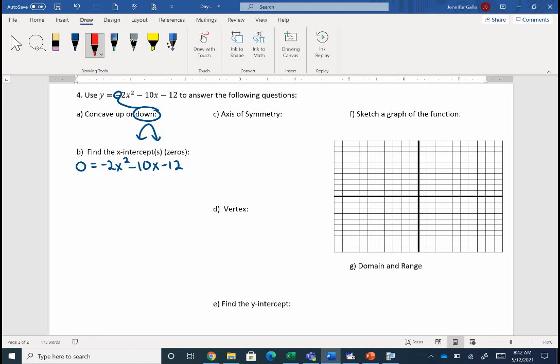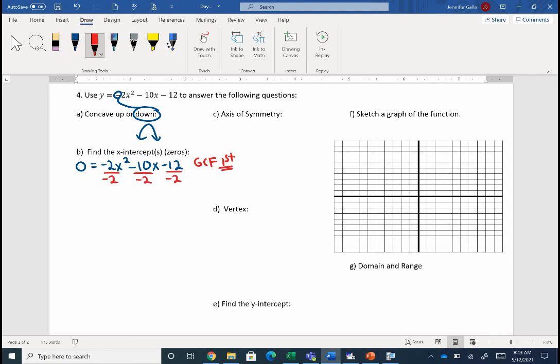So we need to make sure we do GCF first. Always try it. As I look at these values, they can all be divided by 2. But more importantly, I'm going to go with -2. If you can divide by the number that's in front of the x squared, you're going to create yourself the opportunity to do a shortcut.